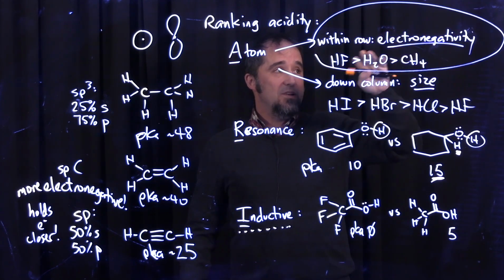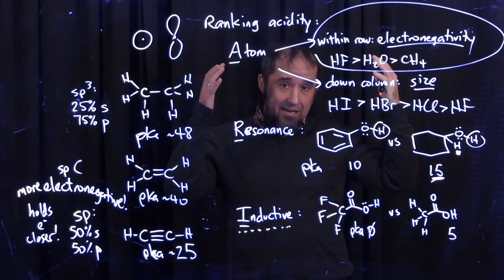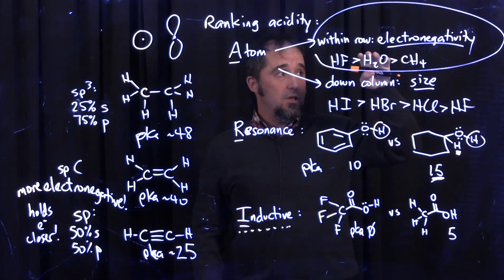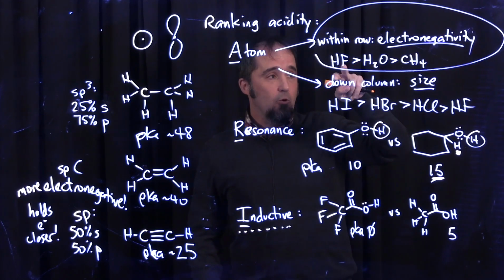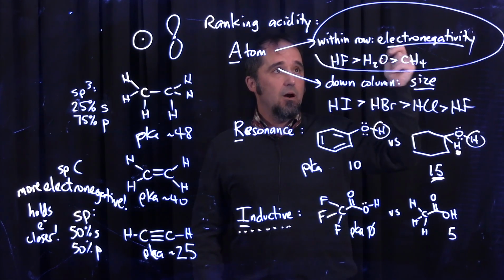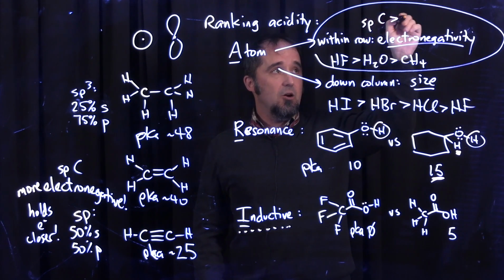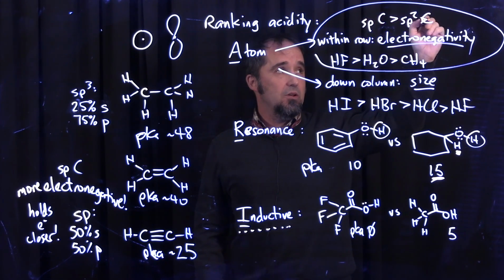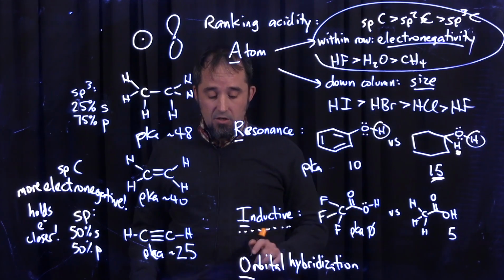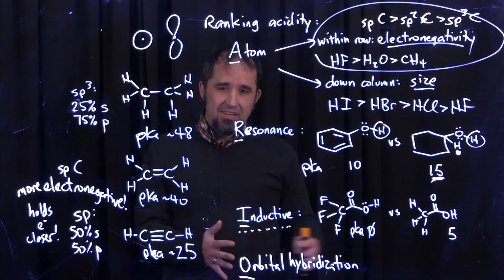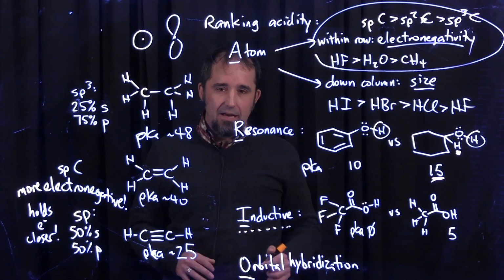Within a row is the kind of mnemonic that we use, but in reality, we're looking for electronegativity differences between atoms. So just like fluorine is better than oxygen is better than carbon, so also sp carbon is better than sp2 carbon is better than sp3 carbon. Your book makes this a 4th category and calls it orbital hybridization.